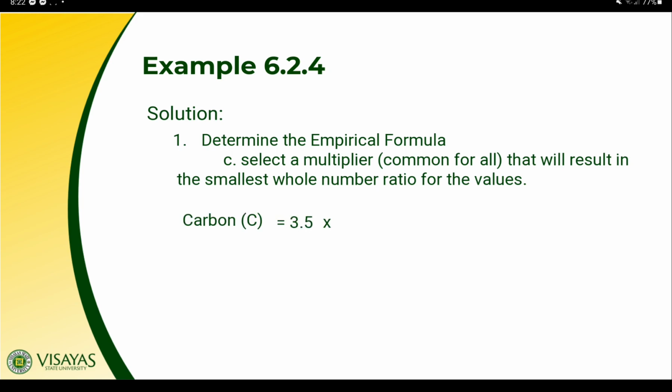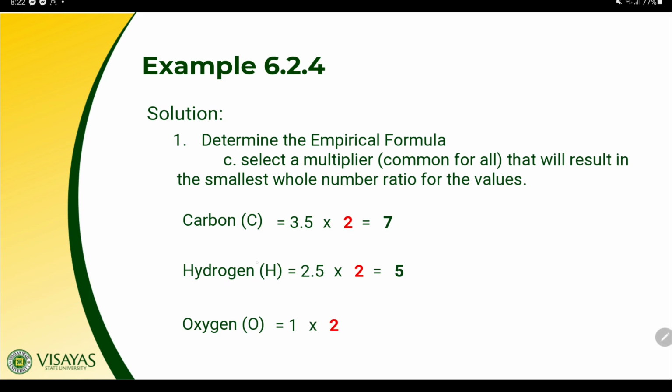So we can multiply these by 2 and we get 7 for carbon, and for hydrogen we get 5, no? So these are now the smallest whole number ratios. So again, we multiply all. Even though for oxygen it's already a whole number, we still have to multiply that by 2, since we multiply the other elements by 2.